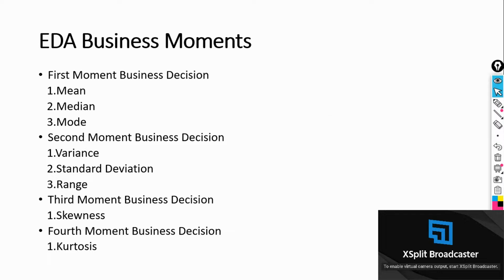In the last class, we understood second moment business decision as well as third moment business decision. So before we get started for the day, we'll quickly recap from data preparation stage, then we'll dive into the fourth moment business decision.